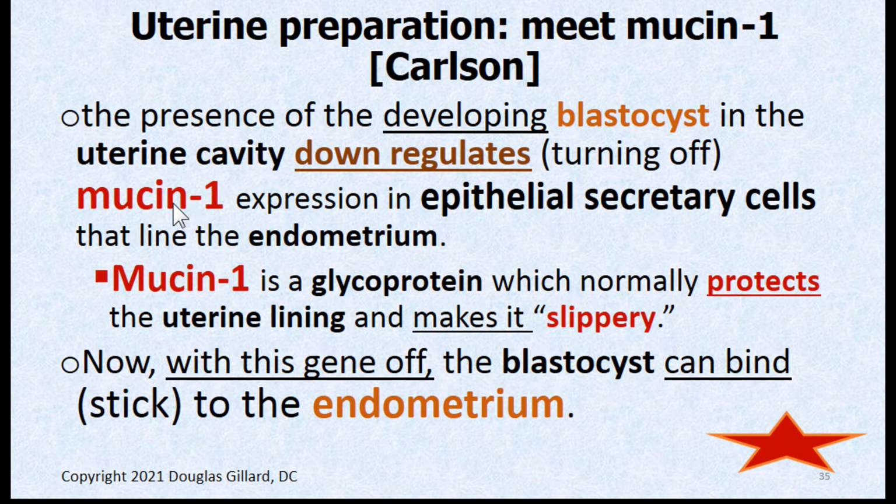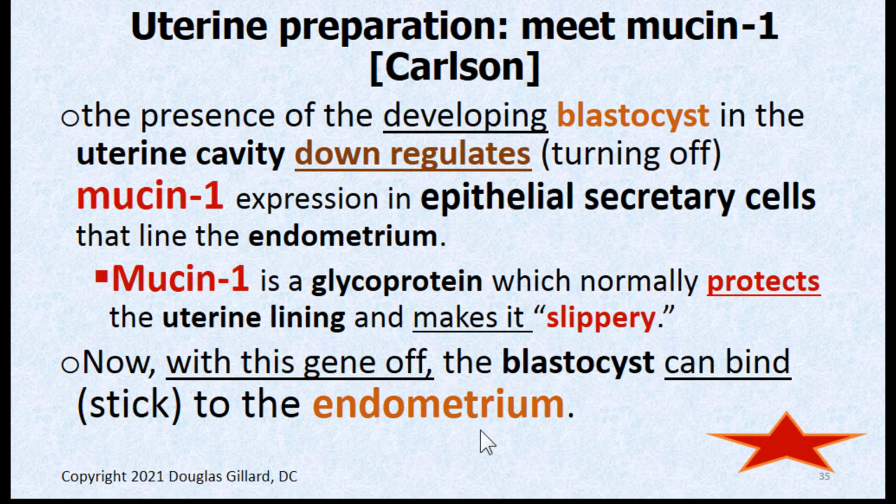So we need to shut this off, and that's what happens. It down-regulates, and we won't get into all of that, we've done enough of the nerdy stuff. We'll just keep it simple. The blastocyst secretes some stuff which turns off the slippery stuff, the mucin 1. And so basically the uterus starts to dry up, and now the binding sites are exposed.